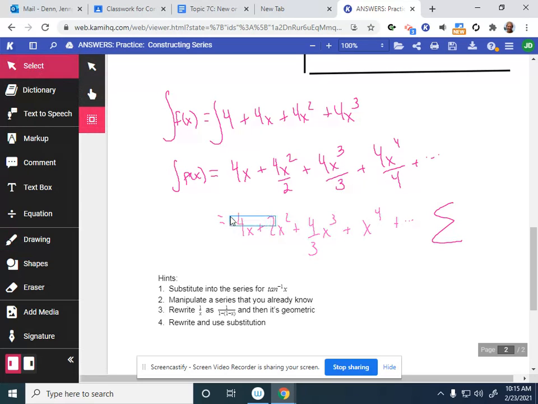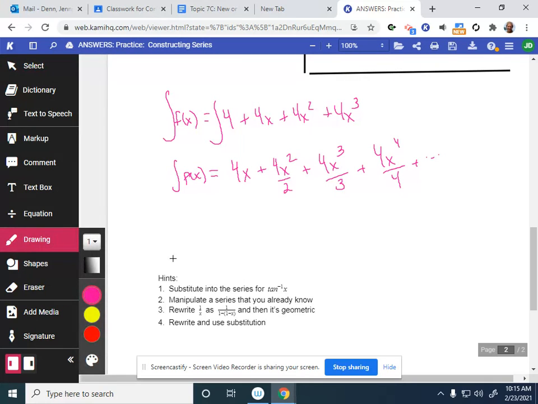I'm going to keep it like this because this general term is not that hard. This general term is just going to be 4x to the n over n, because the power of x and the denominator match. And if I start it at 1, we end up with it all working out perfectly. So there's my general term.